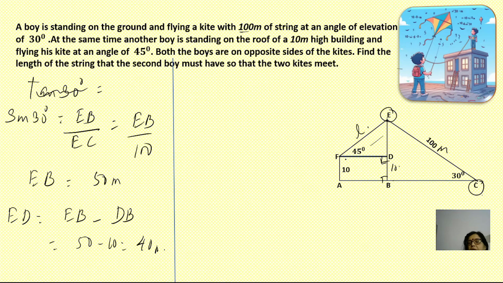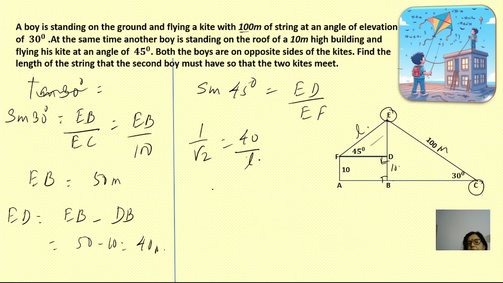Now we take this triangle EFD. In this triangle EFD, we have to find this length EF. So again we take over here sine 45 degree. So sine 45 degree is equal to ED upon EF. So this is 1 by root 2 is equal to ED is 40, EF is L. So length of the string will be 40 root 2 meters.